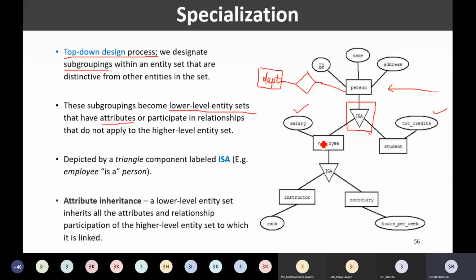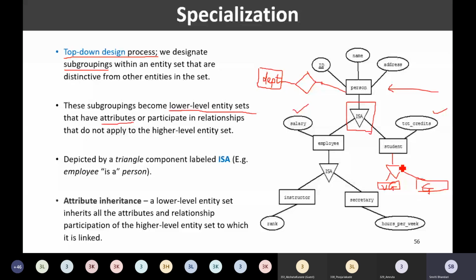Correct? We may have similar kinds of categories under student. So I may say that we have categories under student like the UG student, undergraduate student, or maybe the graduate student, right? So these are the categories of the student.